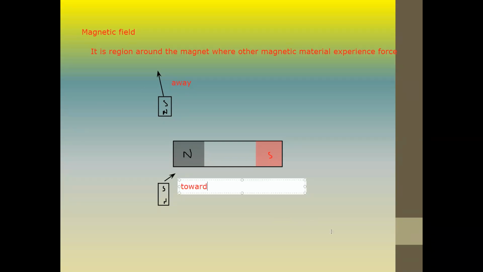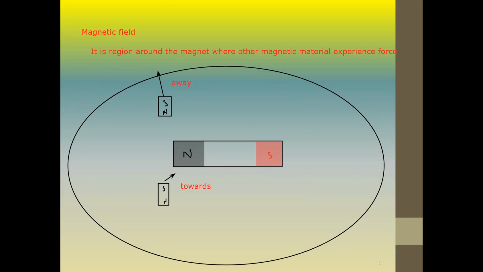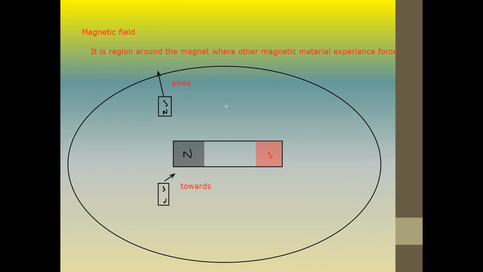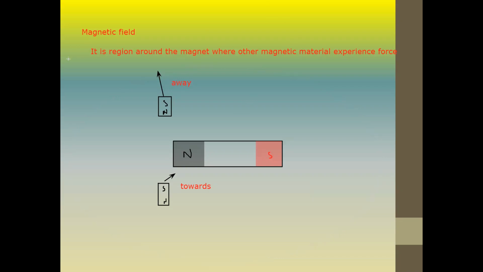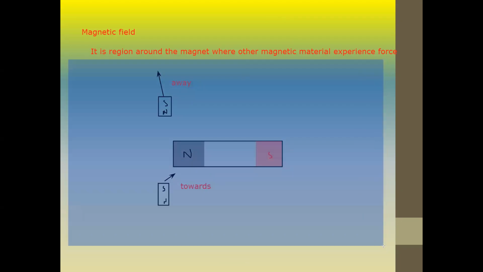The space or the region around the magnet where other magnetic material can experience force, this whole space, we call that a magnetic field. So the whole space around the magnet refers to the magnetic field.